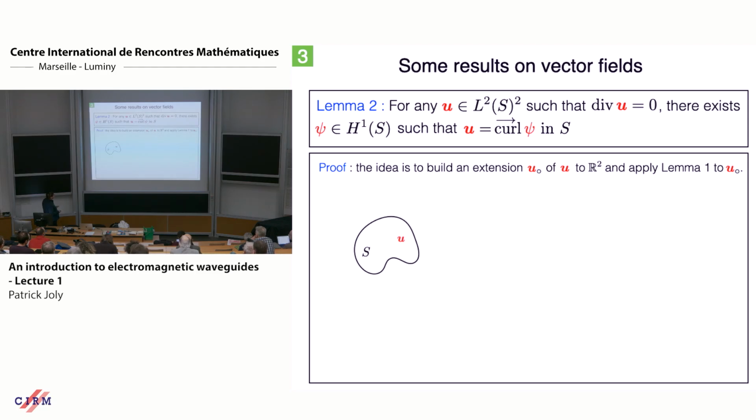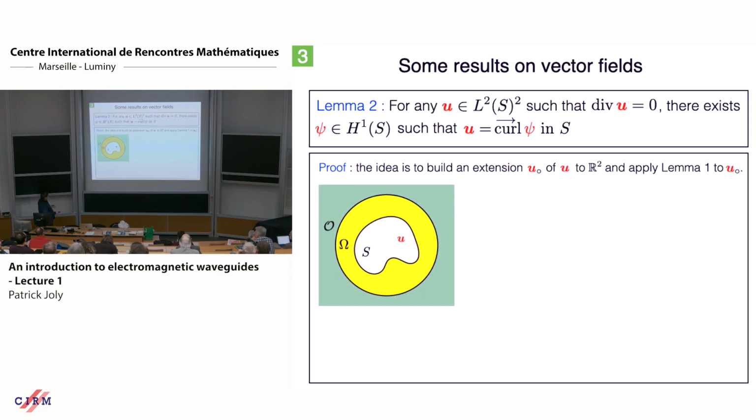So this is the domain. I consider a bigger ball that encloses S, and I call omega the difference between this ball and S, and the exterior. To construct my L2 field, my compactly supported field, I will take U0 equal to 0 outside to be compactly supported, U0 equal to U inside as an extension, and I just have to fill things in between.